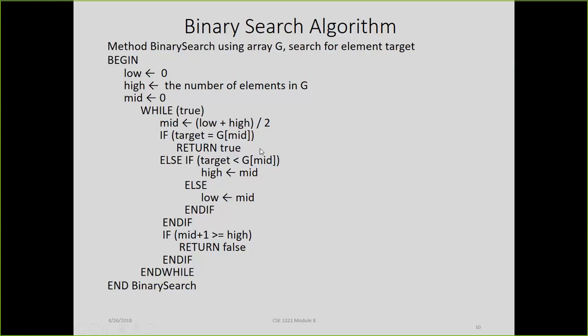Here G is the array, so G of middle will retrieve the middle element. This is a pretty straightforward algorithm we covered in the 1321 course. Does anyone need help to go through this?